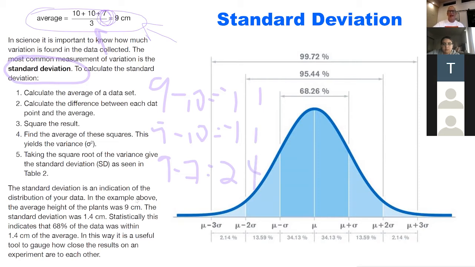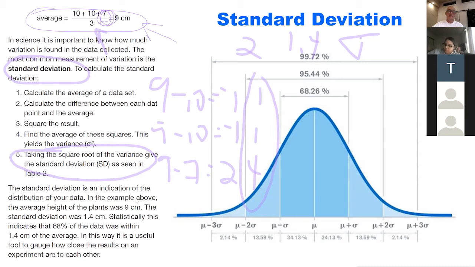And then we take the average of these. So 1, 1, and 4, that's 6. That averages out to 2. Then we take the square root of that. Square root of 2 is around 1.4 or so. And so what we say is our standard deviation, and that is given this symbol here, is around 1.4.